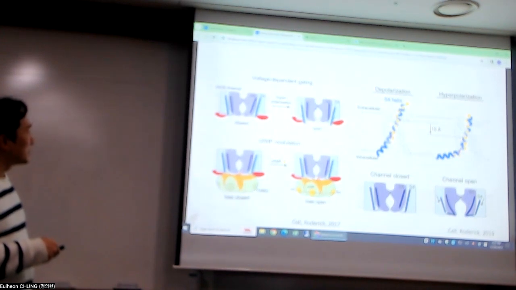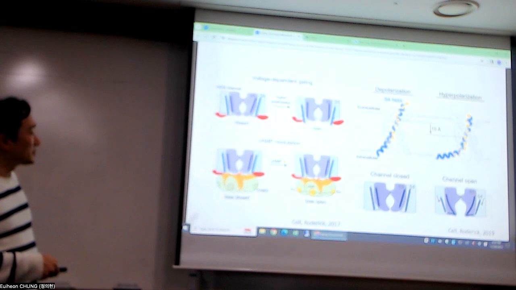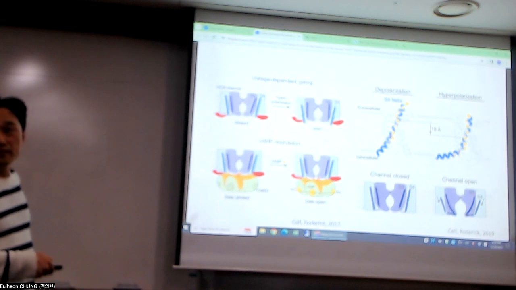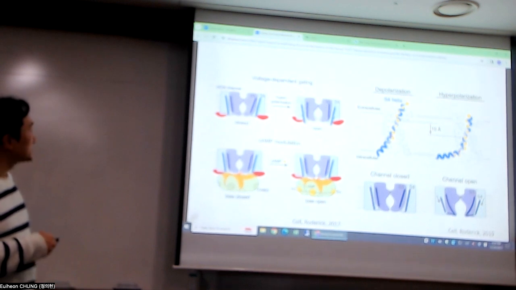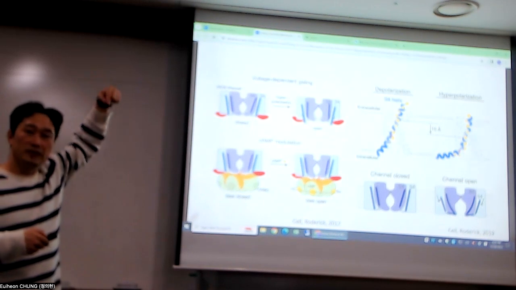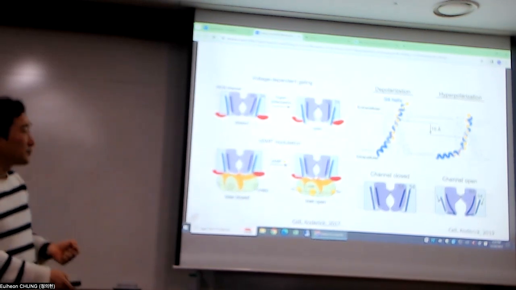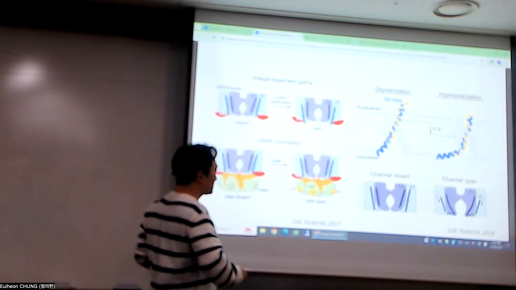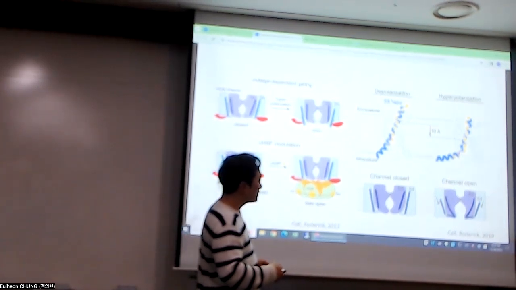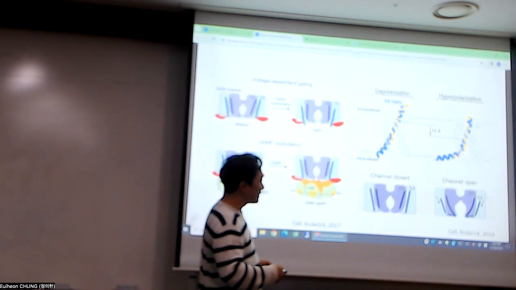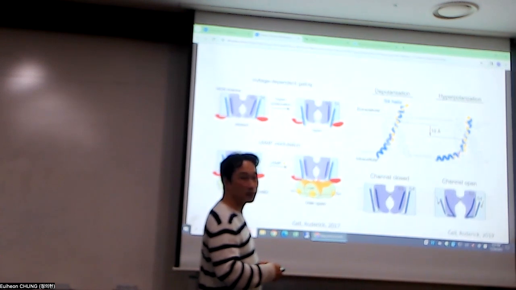But the problem is, they didn't find the gating mechanism. They thought previously that we just pull it down, pulling the S5, then it opens. But actually, they realized they found none. There's some bend they found in the cytoplasmic side.